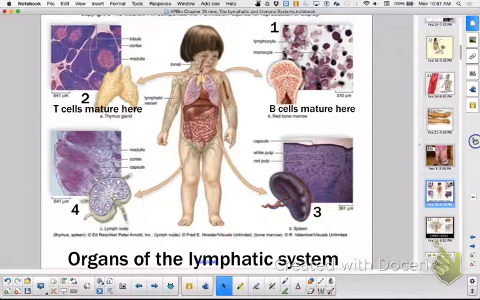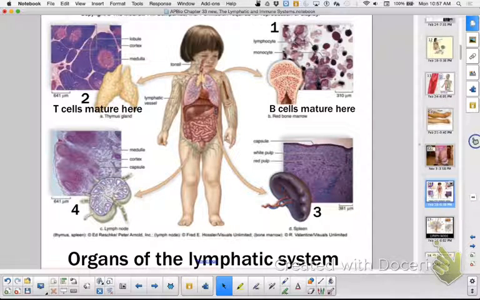Plasma is mostly what? Water. But dissolved in that water are? Start at the beginning. Gases, nutrients, salts, proteins, nitrogenous waste, hormones, and vitamins. Good. Okay. Why did you both say salts? Okay, yes, salt.